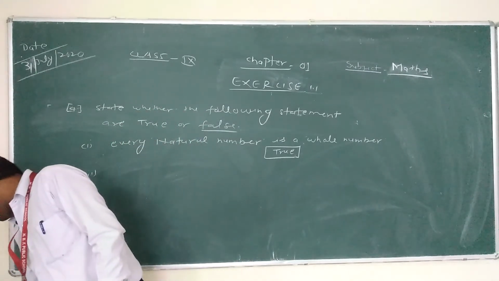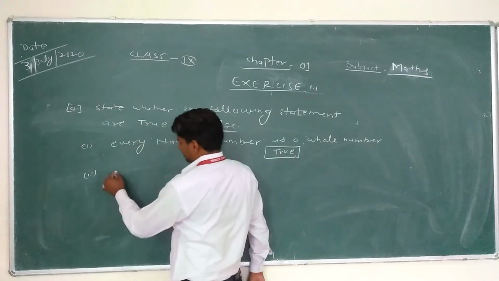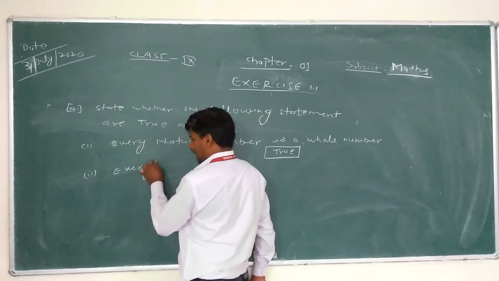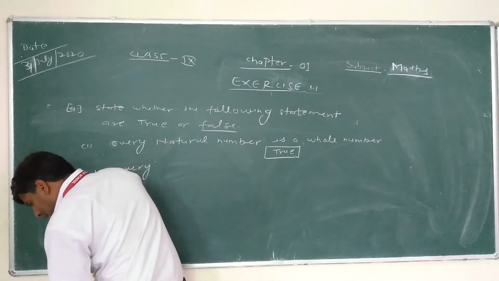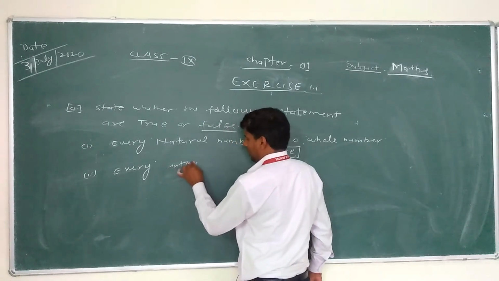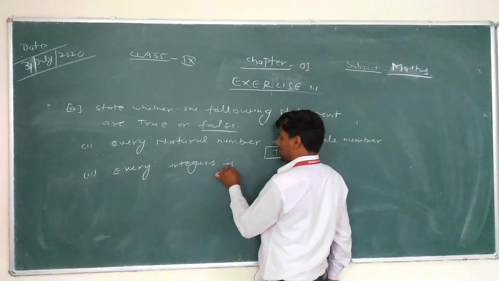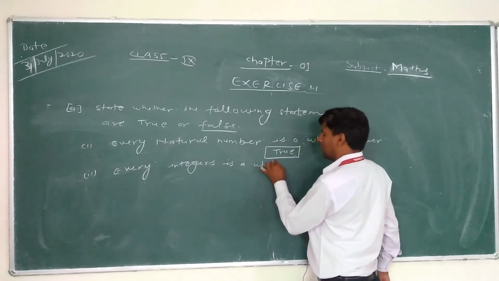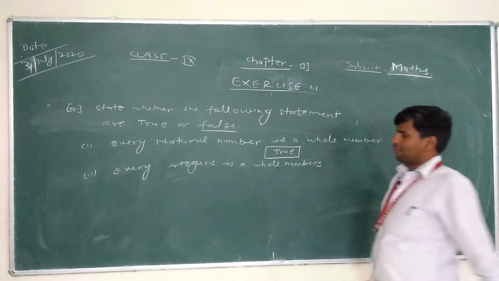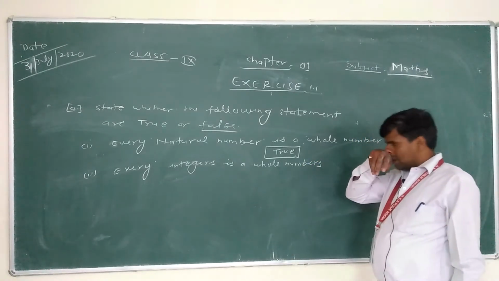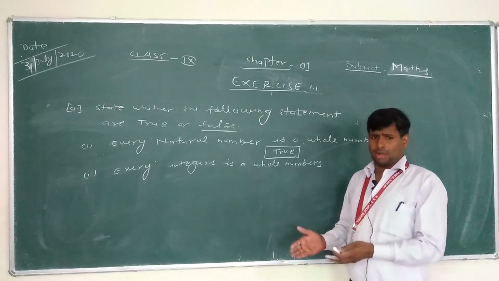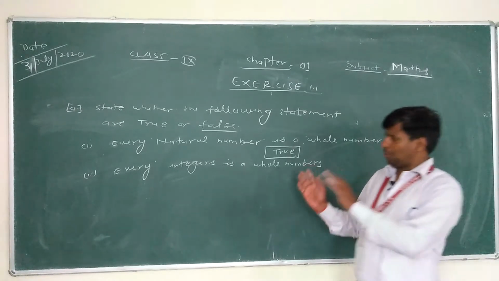Thereafter we discuss the second statement. What is given? Every integer is a whole number. See, you know what integers are: minus 3, minus 2, minus 1, 0, 1, 2, 3, negative and positive numbers with 0.